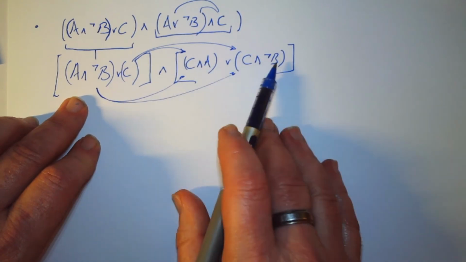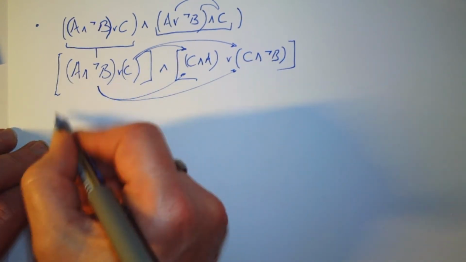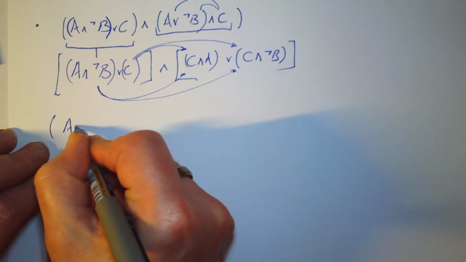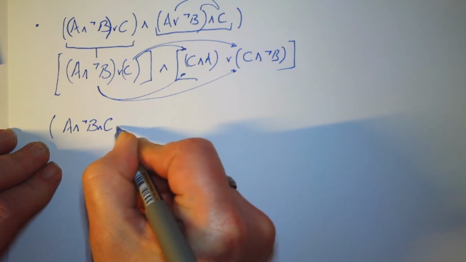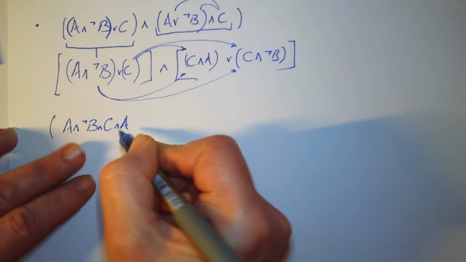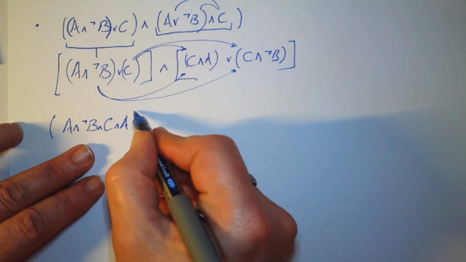We're going to do each of these in turn, and what we're going to end up with now is, on the left hand side, A and negative B and C and A. I just need to be careful that I don't miss any of my terms writing these down.